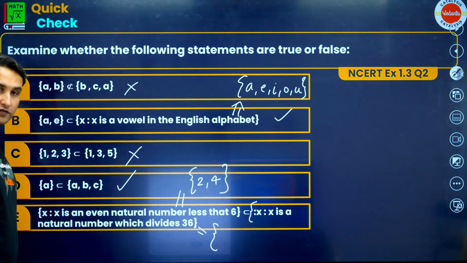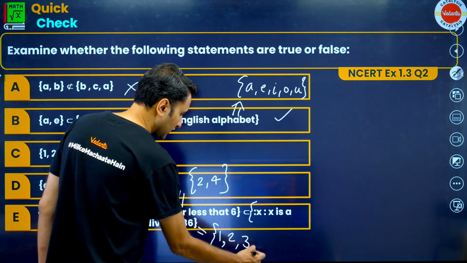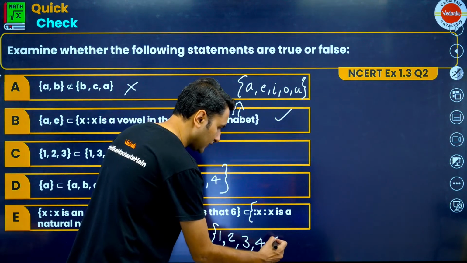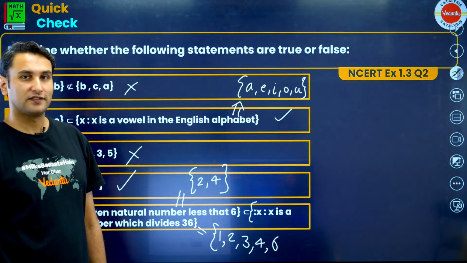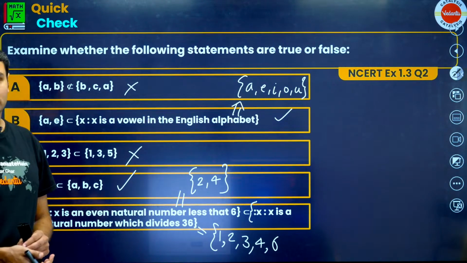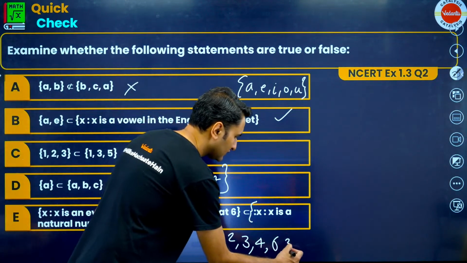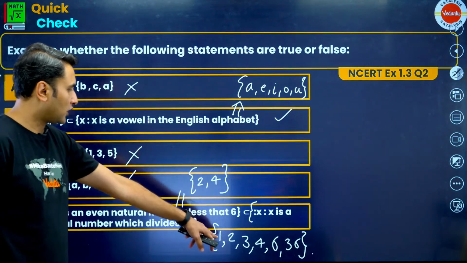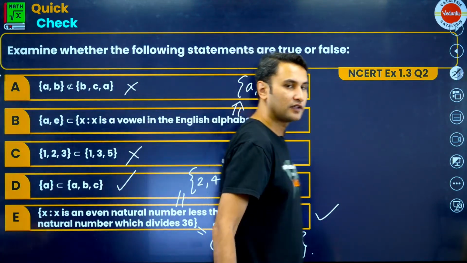The natural numbers which divide 36 are 1, 2, 3, 4, 6, right? And what others? What others are there? 36. So is 2, 4 a subset of this? Yes, 2 and 4 is a subset of this. So this is also correct. Got it?